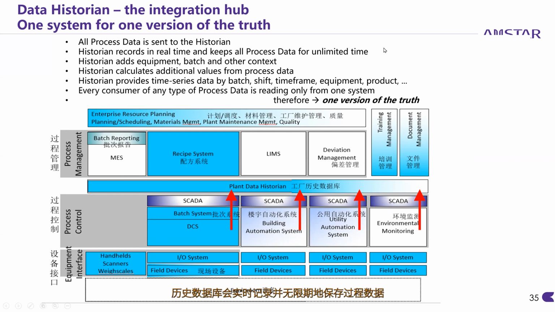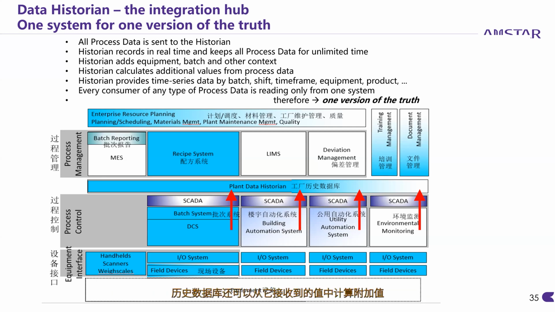Historians, here technology, also digital transformation, has helped us in providing ever bigger and bigger space for data storage. So in addition, the data historian adds context to the data coming here, like in which equipment, which batch number was running, and other things.